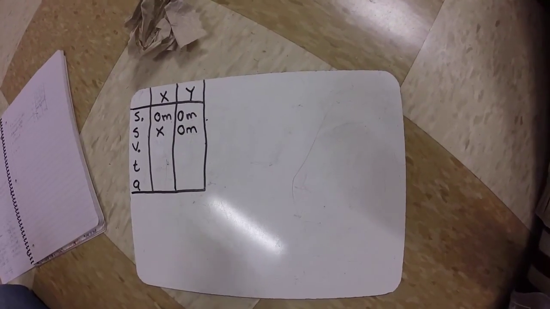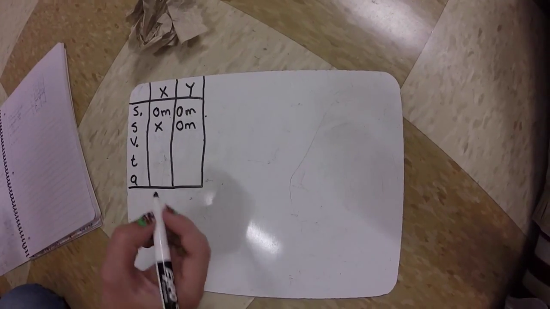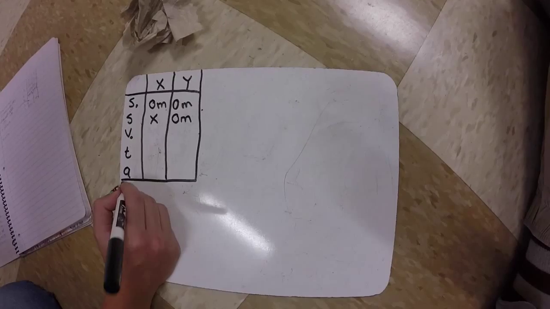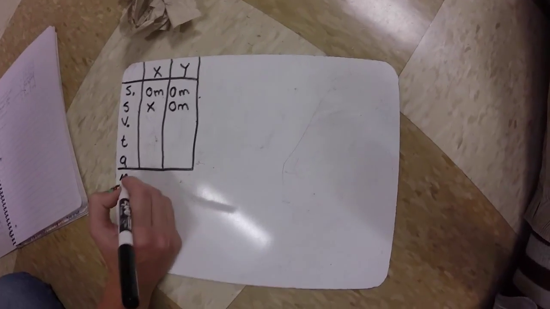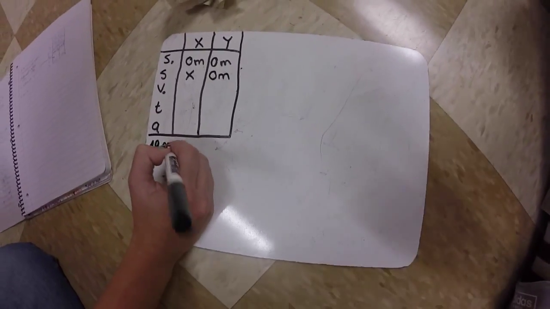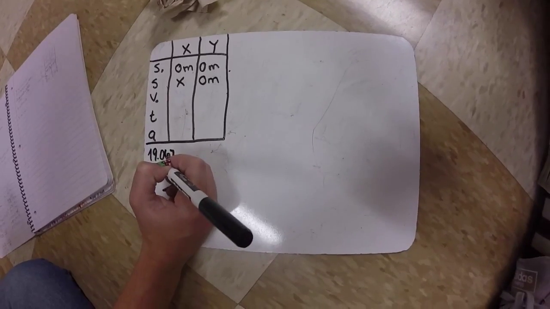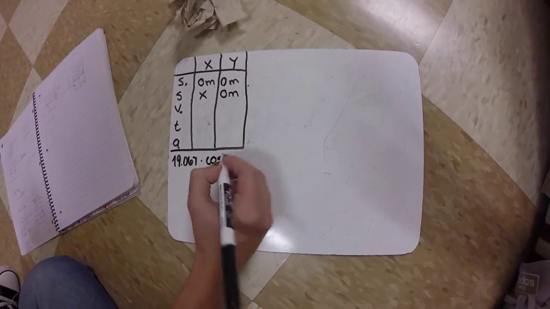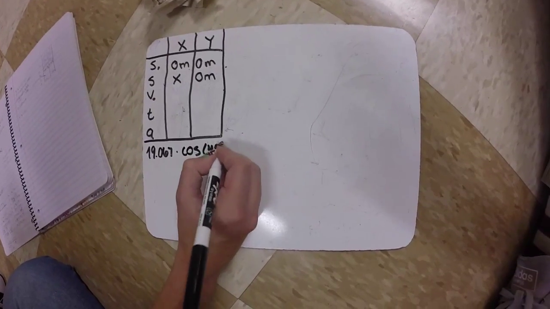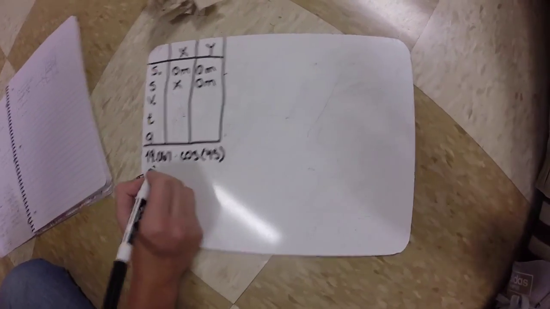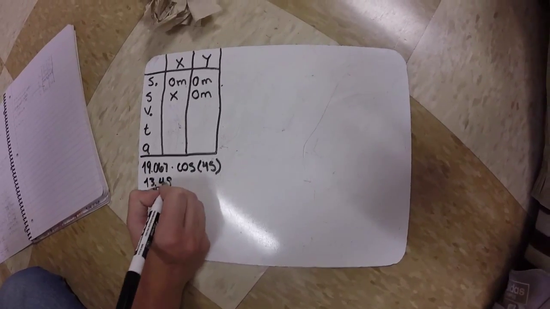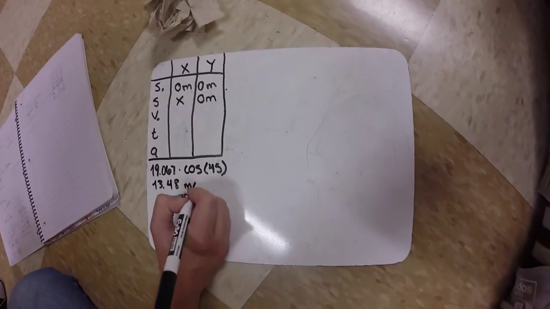Our initial velocity for x was the magnitude of the initial velocity, which is 19.067, which we got from our last problem, times the cosine of 45 degrees, which gives us 13.48 meters per second.